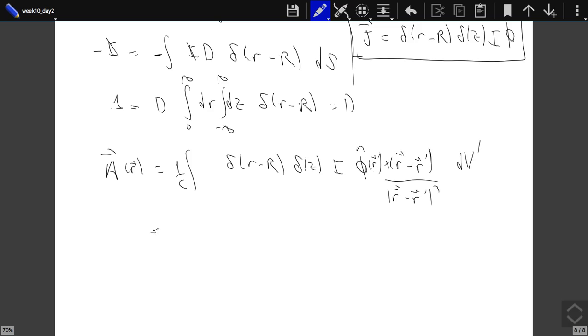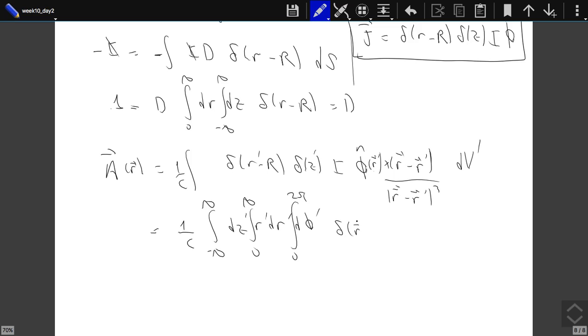Let me write it in cylindrical coordinates. This is r prime, this is z prime. So this will be equal to the volume element in cylindrical coordinates, dz r dr d phi. Of course, all of these are the prime coordinates. r is my observation point. So z goes from minus infinity to infinity, r prime goes from 0 to infinity, phi prime goes from 0 to 2 pi.